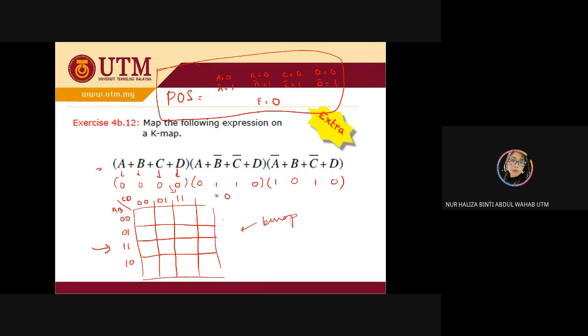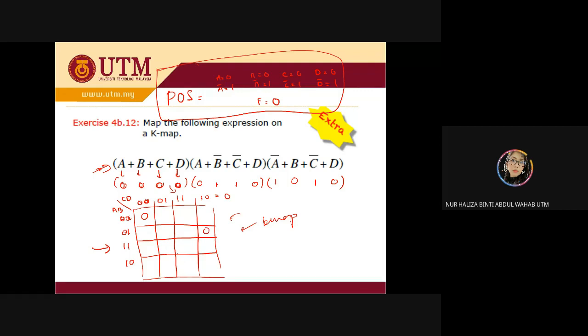How to make it, the input inside, output inside. Then I check 0, 0, 0, 0, 0, 0, 0, 0. I put here as 0 because this is POS. Here 0, 1, 1, 0, 0, 1, 1, 0.